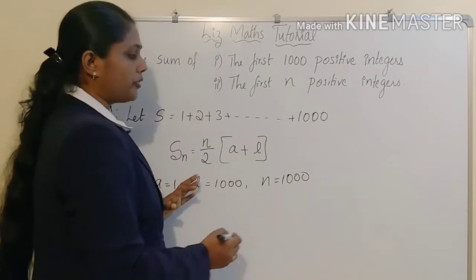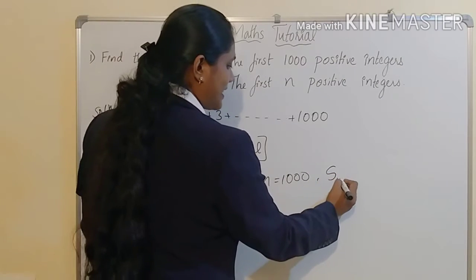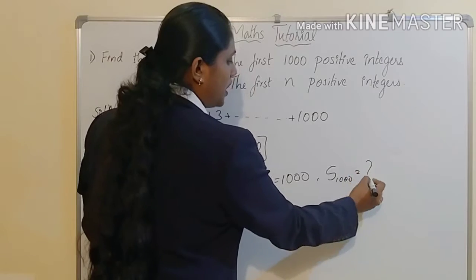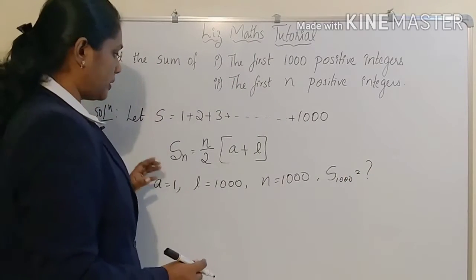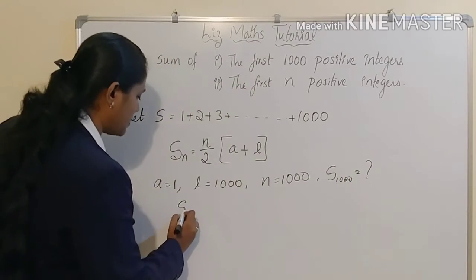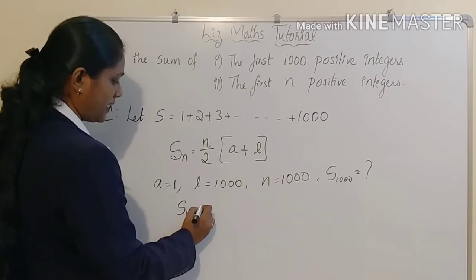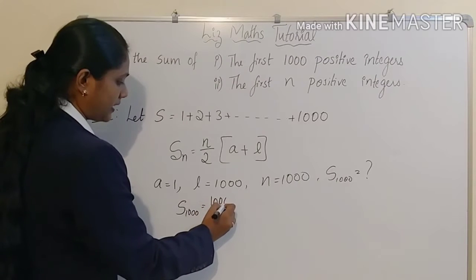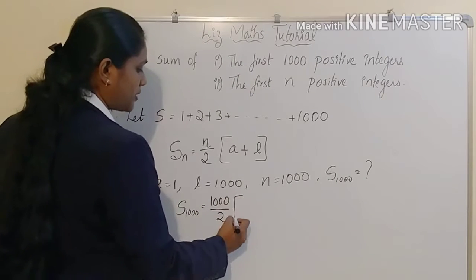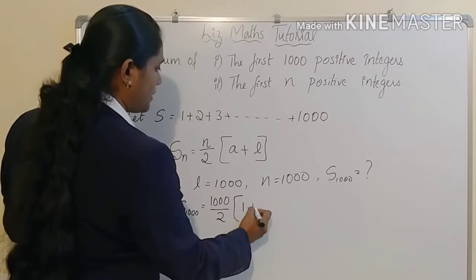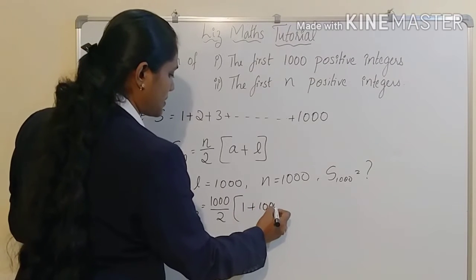So now what you are going to find out is S1000. So now substitute the values here. S1000 is equal to n, that is 1000, divided by 2, into a is 1, 1 plus l is also again 1000.